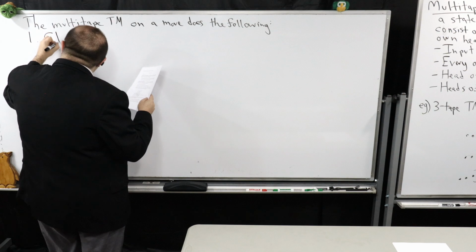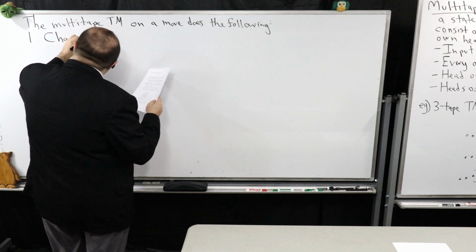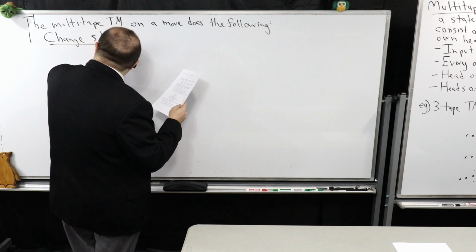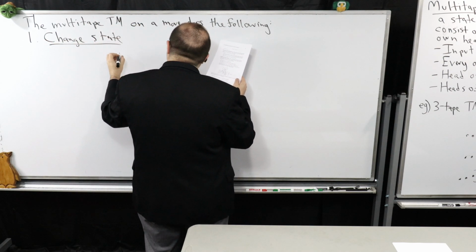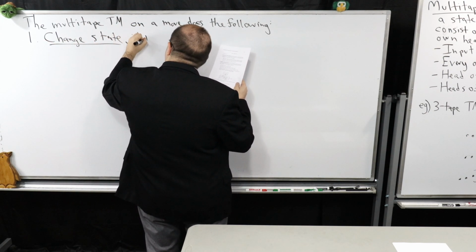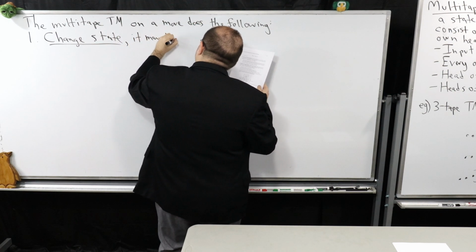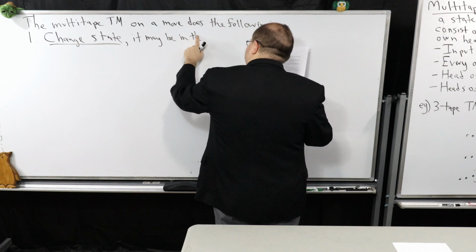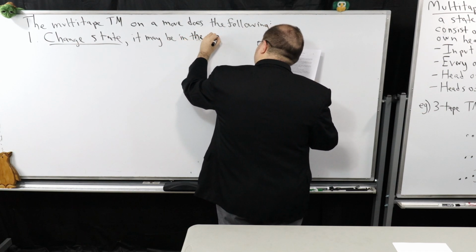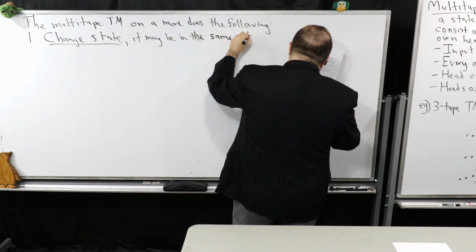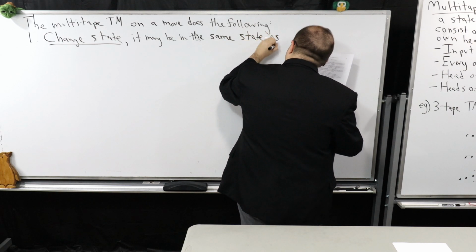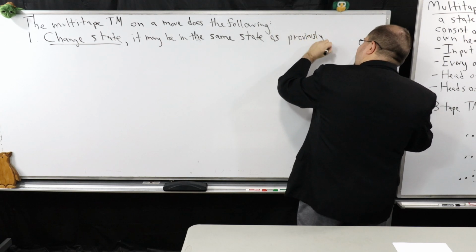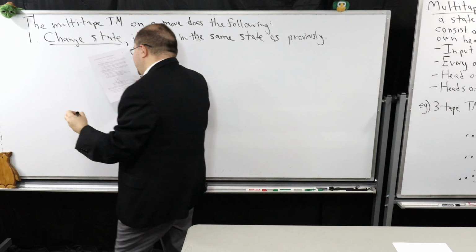Like I wrote the first time I defined a Turing machine, it's first going to change state. It may change state, or it may be in the same state as previously, right? That may be the case.